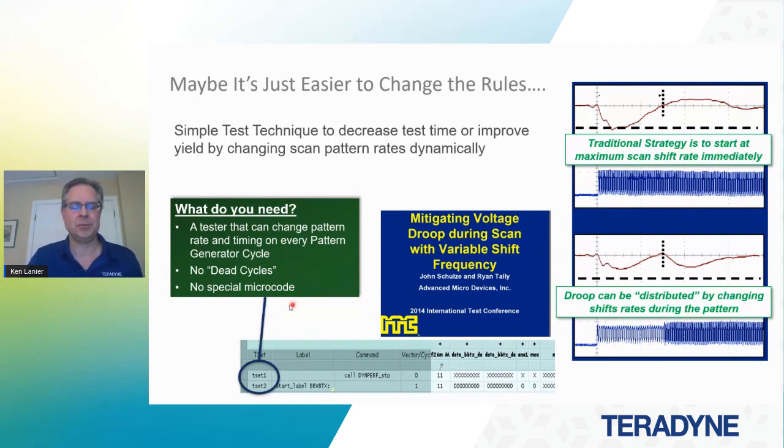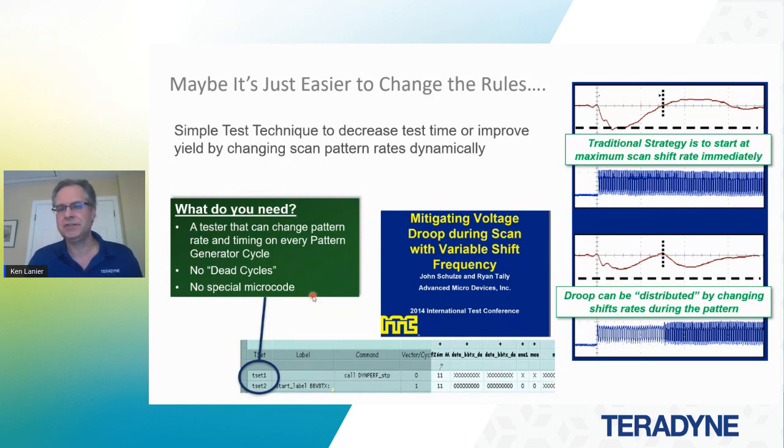And you don't want special microcode to have to do it, because all these patterns are automatically generated. It's not like you can put settling loops into every single cycle of every single pattern if you're generating tens of thousands of them. But if you keep the pattern construct fairly straightforward, then you could put it back in an ATPG system, so that when you generate your tens of thousands of patterns, they can all have this capability.